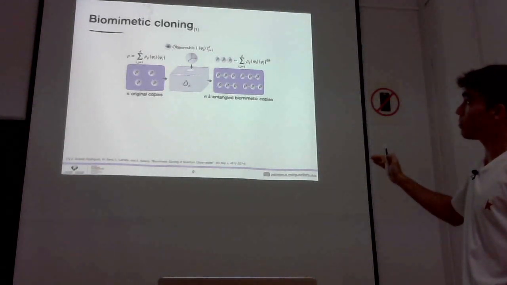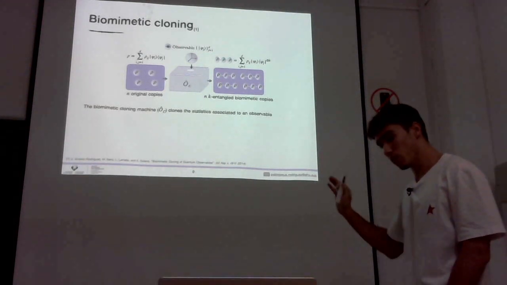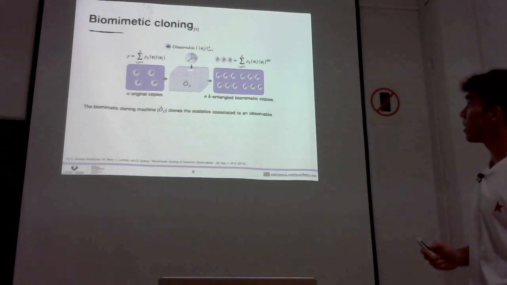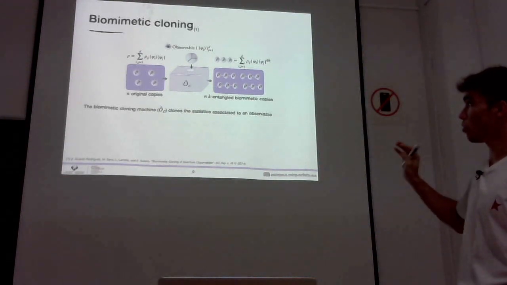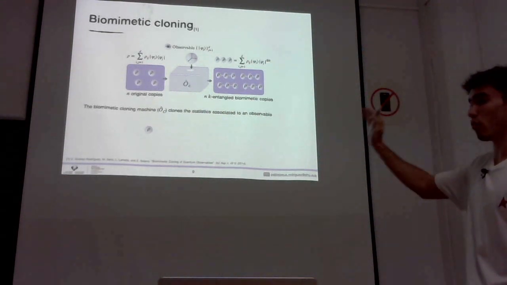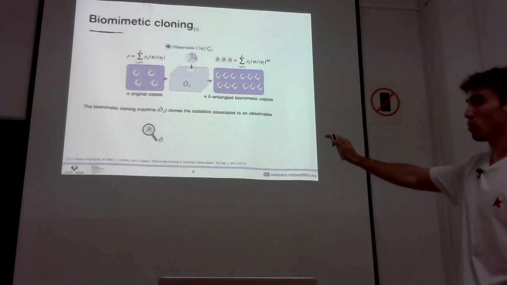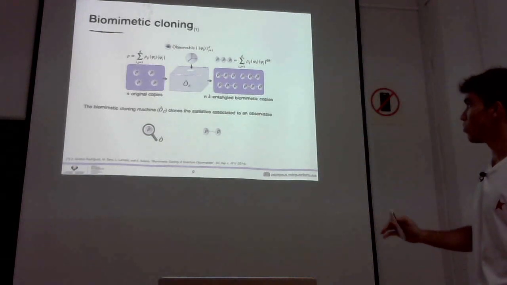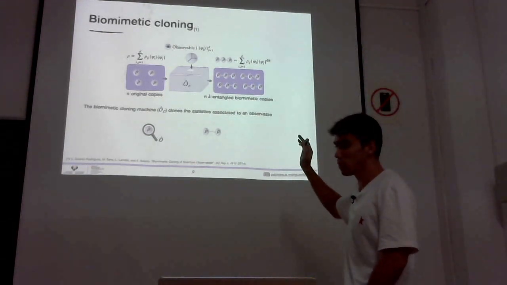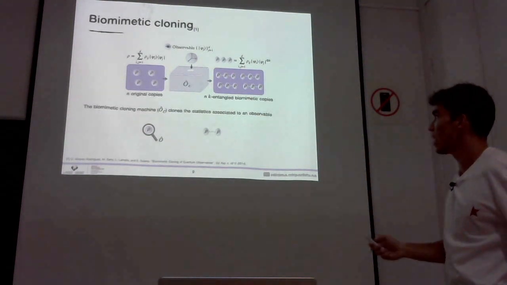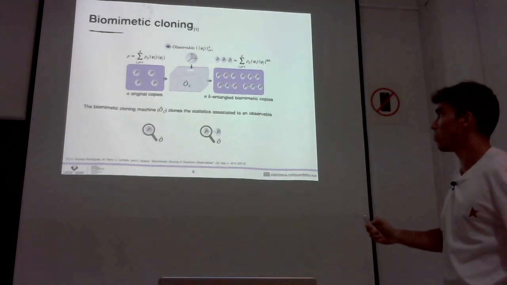What this biomimetic cloning machine, denoted by this O sub C, is doing is cloning the statistics associated to an observable. So basically, if we have rho, I perform a measurement, I measure some observable on this, and this is equivalent to having these biomimetic copies of the quantum state and measuring the observable in one of them.